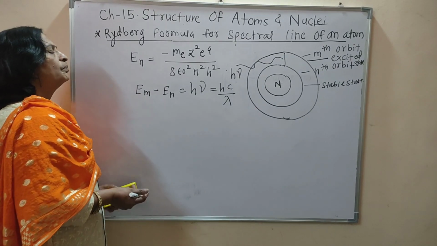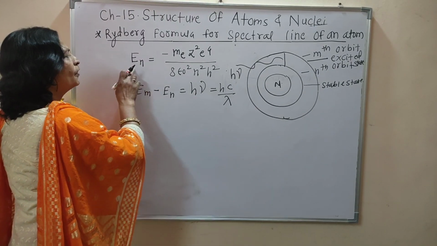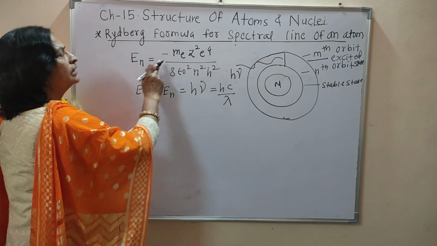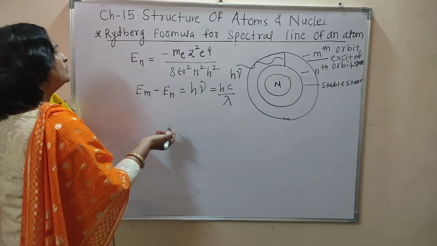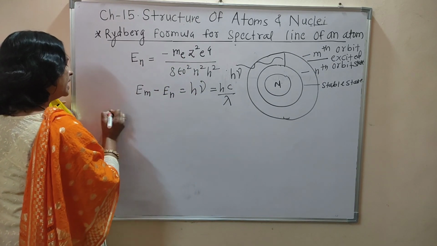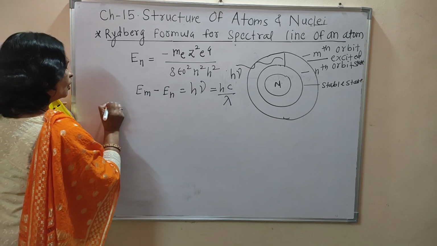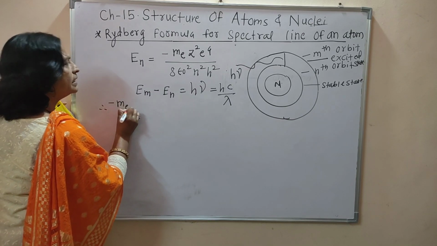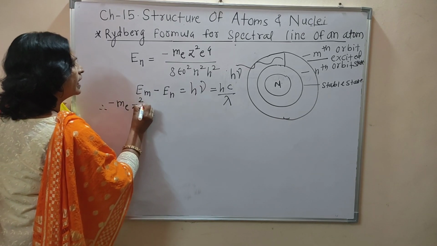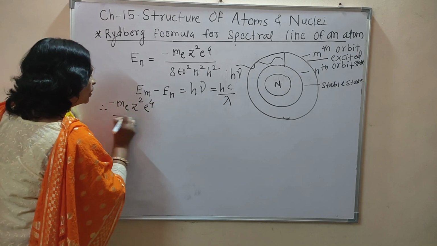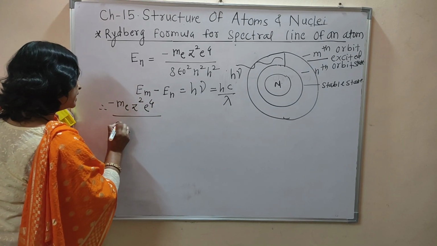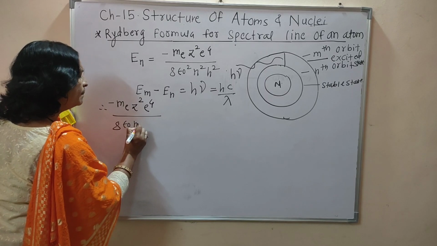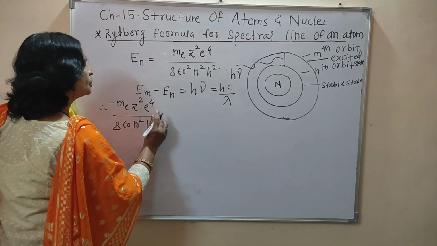Understood? Now we know the formula for energy in nth orbit, that is this one, and in mth orbit it becomes E_m. Therefore in mth orbit it becomes minus m Z square e raised to 4 divided by 8 epsilon naught square m square h square.